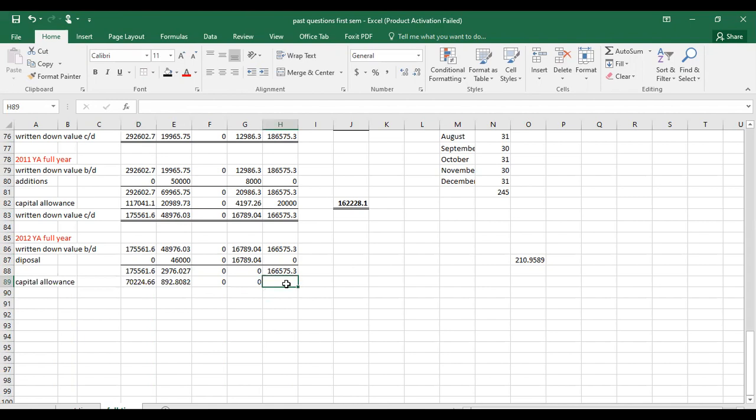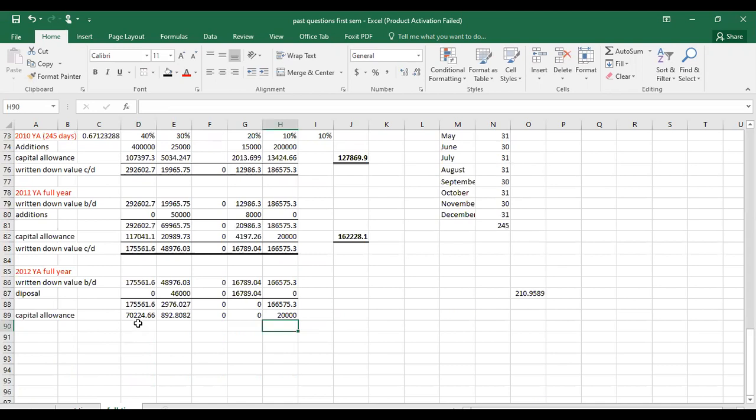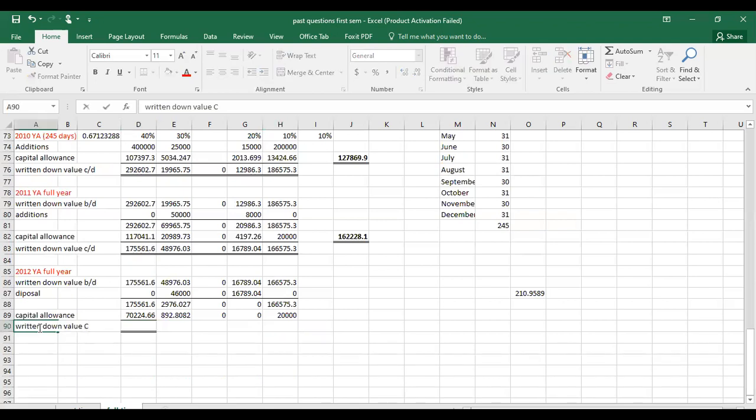Bear in mind, it's equal to the 10% multiplied by the cost, original cost, so 20,000 over here.